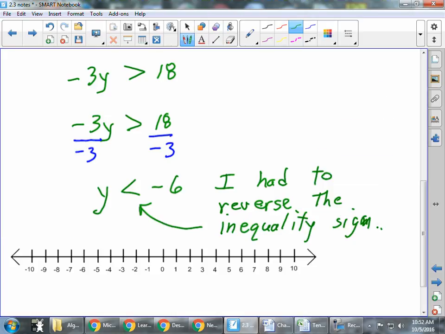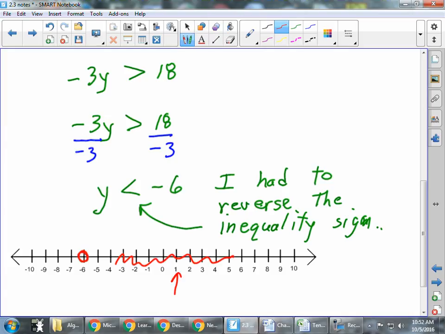So first off, we know we're going to make some kind of a mark at negative 6, and in this case, it's an open circle. Now, if I had not switched the inequality sign, we would get things like y greater than negative 6. So that would be these kind of numbers. Well, let's pick an easy one.